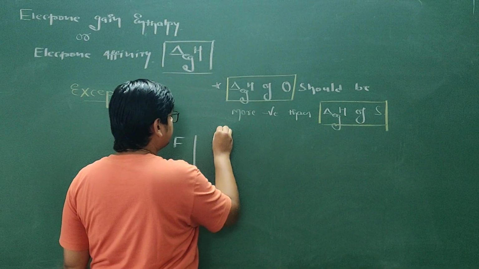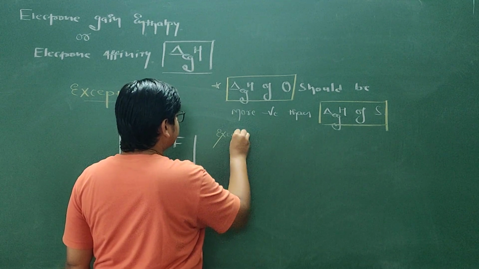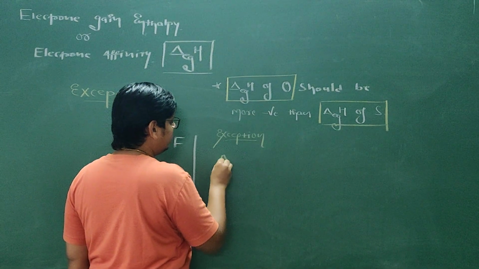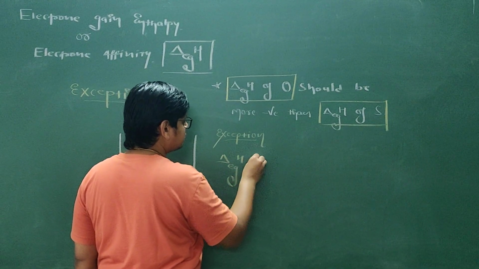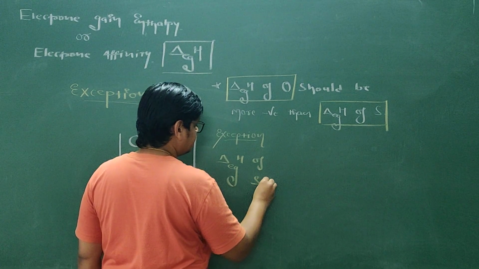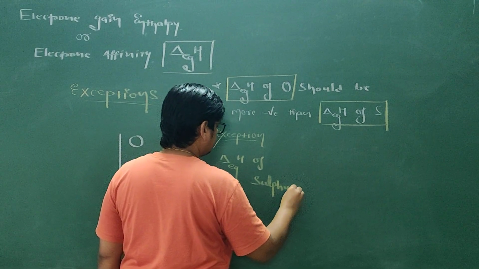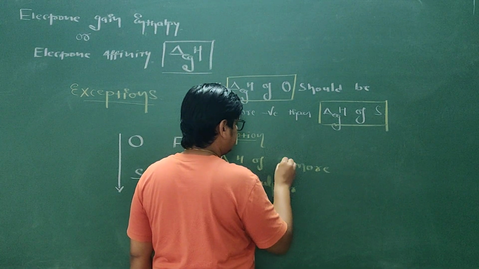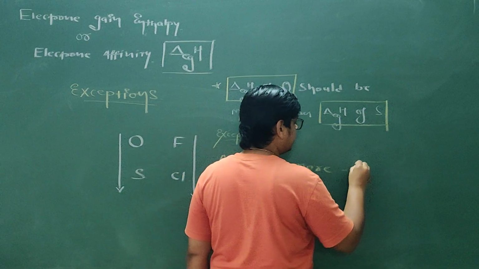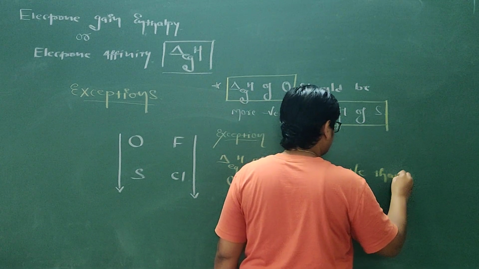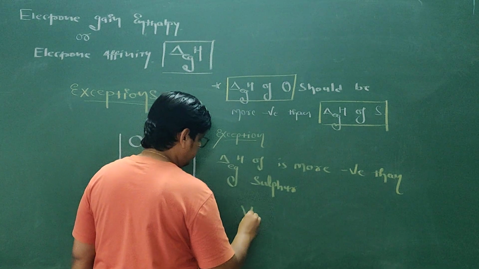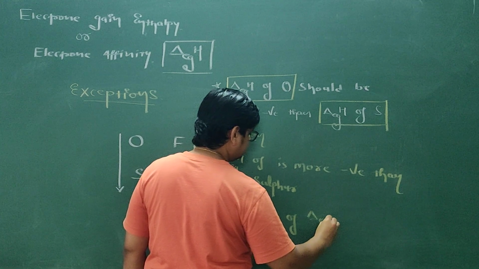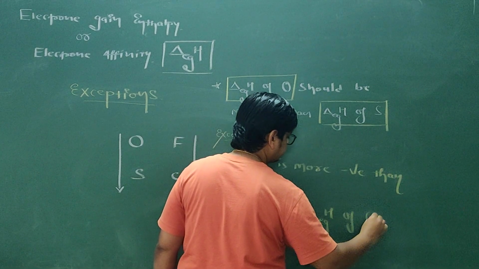What is the exception? The exception is that the value is inverse. The value of delta EGH of sulfur is more negative than the value of delta EGH of oxygen.